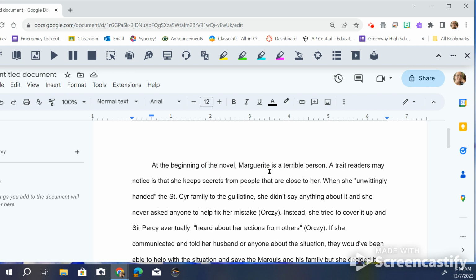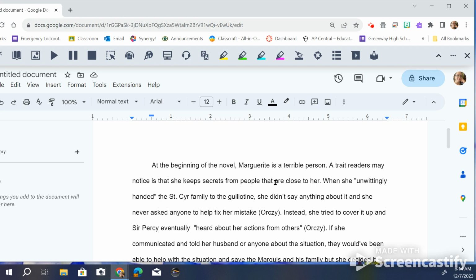True. Now that sets up that we're going to be using chronological transitions. We're using where we are in time. Yes? That means I don't want just one chronological transition. I would like to see chronological transitions in the openings and closings.